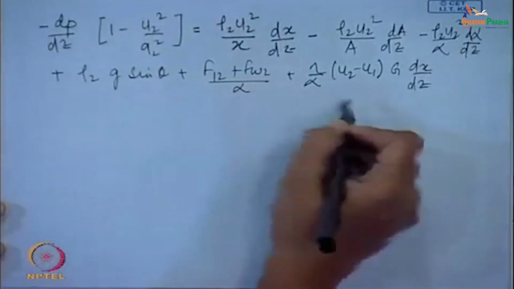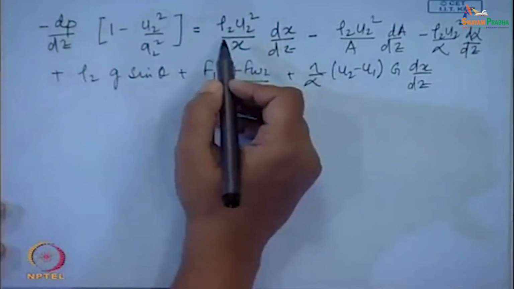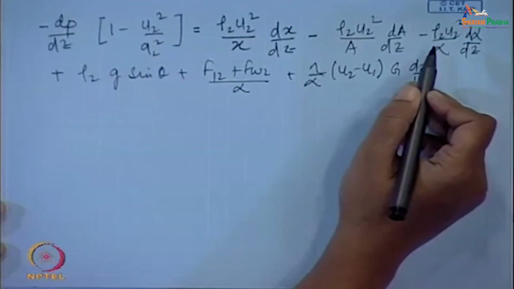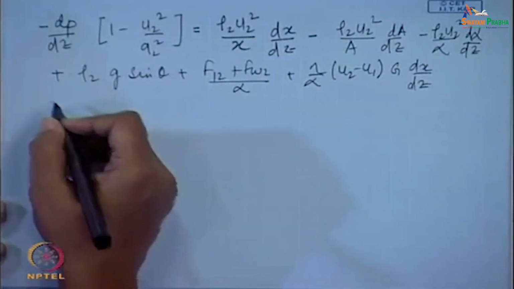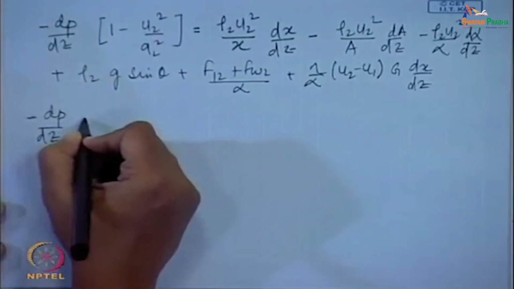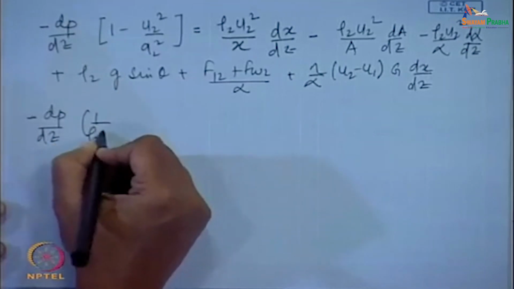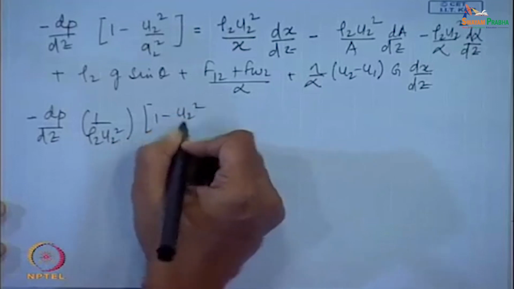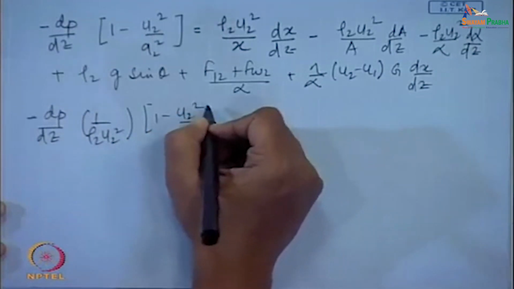So, this again can be written down, as we have rho 2 u2 square everywhere. We can write it as minus dp/dz times 1 by rho 2 u2 square times (1 minus u2 square by a2 square).